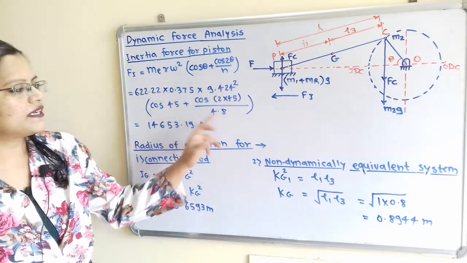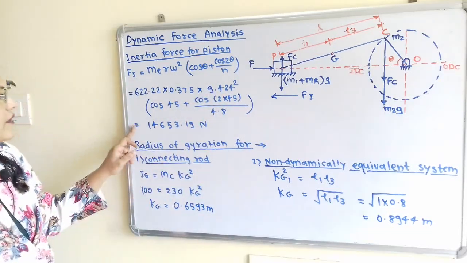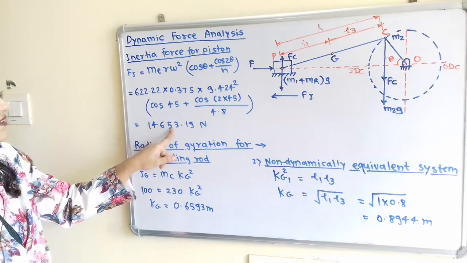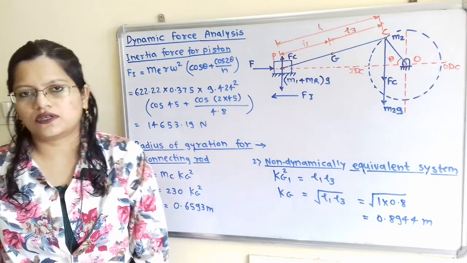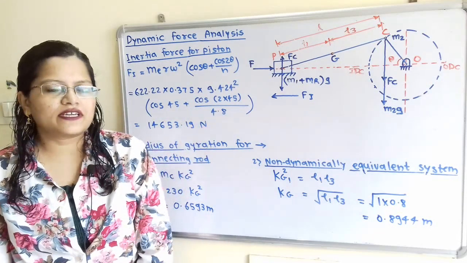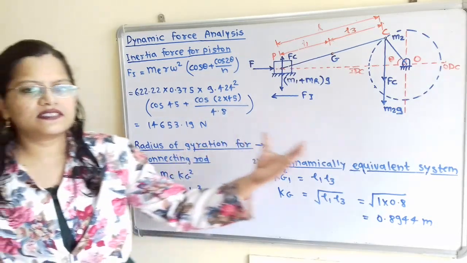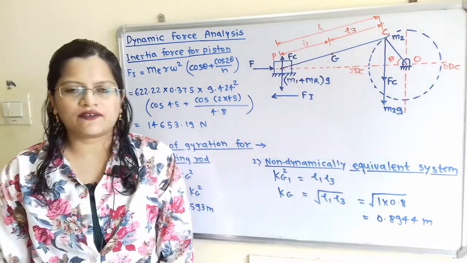Here n is the obliquity ratio. When we calculate this, we get the inertia force 14,653.19 Newton.